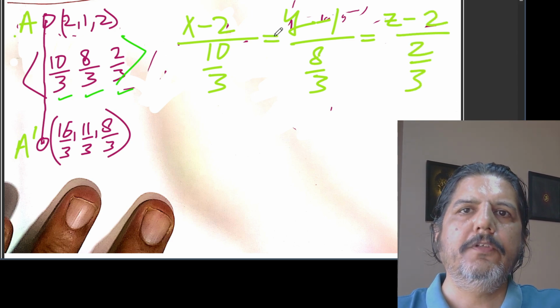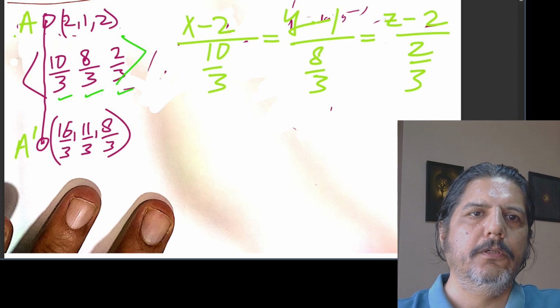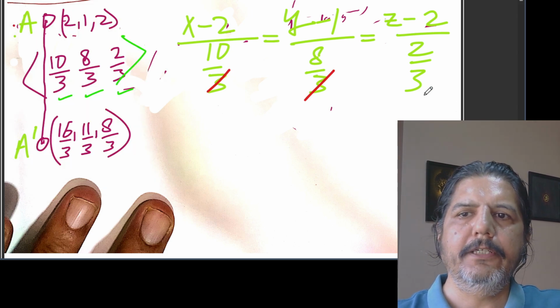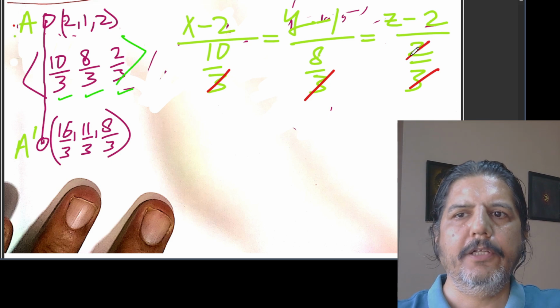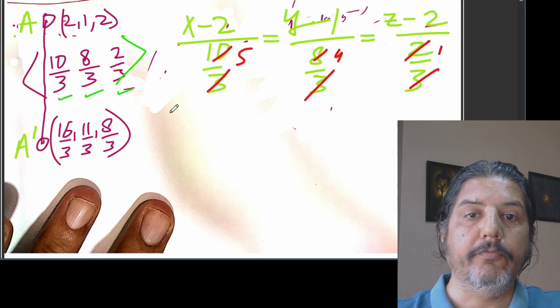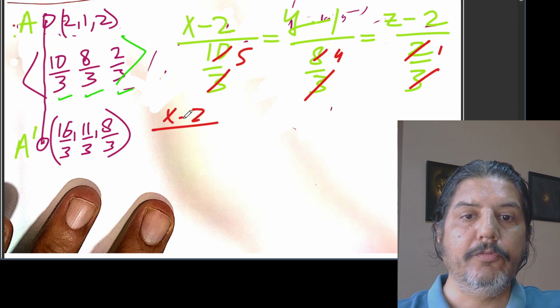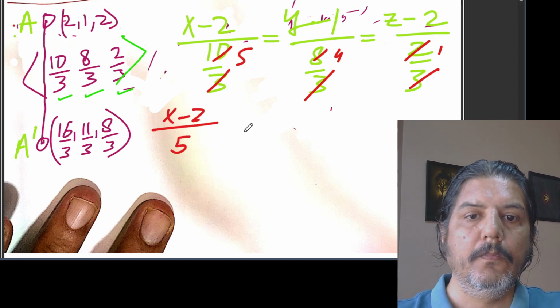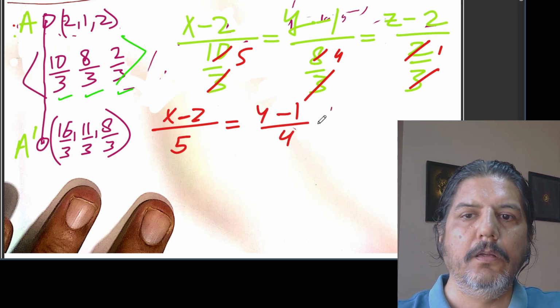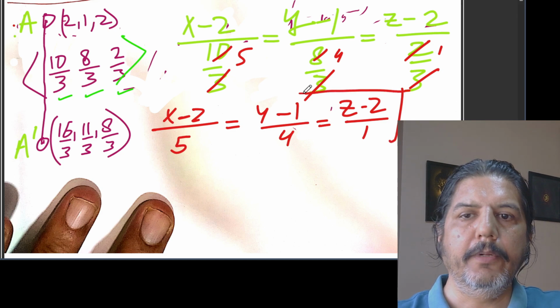Because these are direction ratios, simple ratios, I can cancel the 3s, and also cancel the common factor of 2. So finally, in simplified form, this would be my final answer.